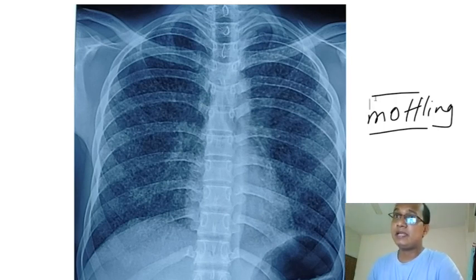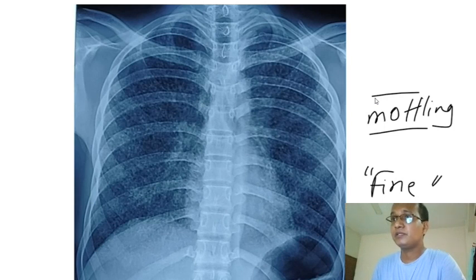I repeat, it is a case of fine reticulonodular shadowing, not just reticulonodular shadowing. But when you give the differential diagnosis, you will put all the possibilities of reticulonodular shadowing.